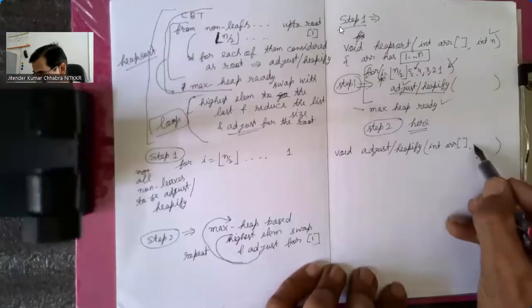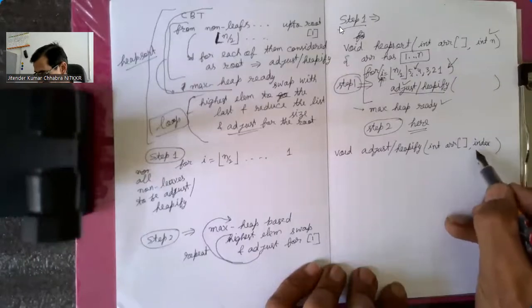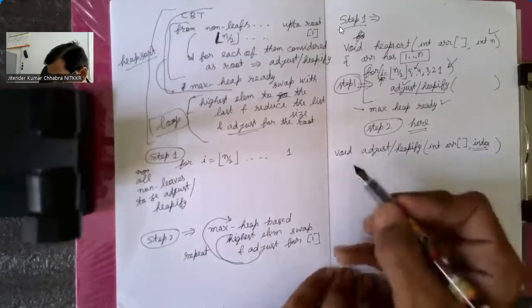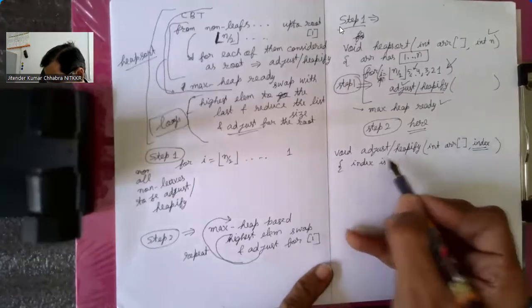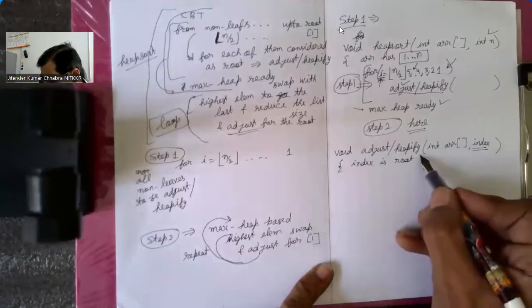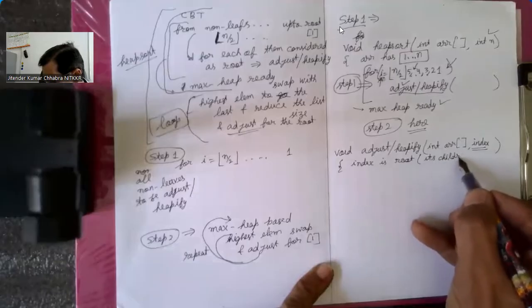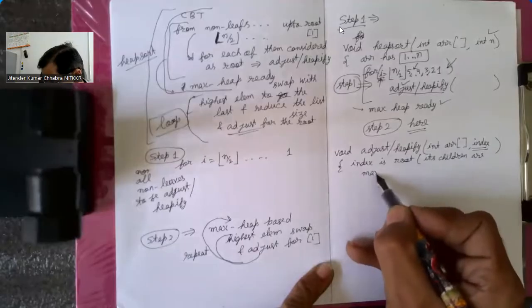Means my current root, from where downwards I will go, upwards I will not. So I will need some index. Let me name it index, with proper syntax, whatever you write. The index will be supplied, which will be considered as a root. And root effectively means its children are satisfying the property, but the root might not be.